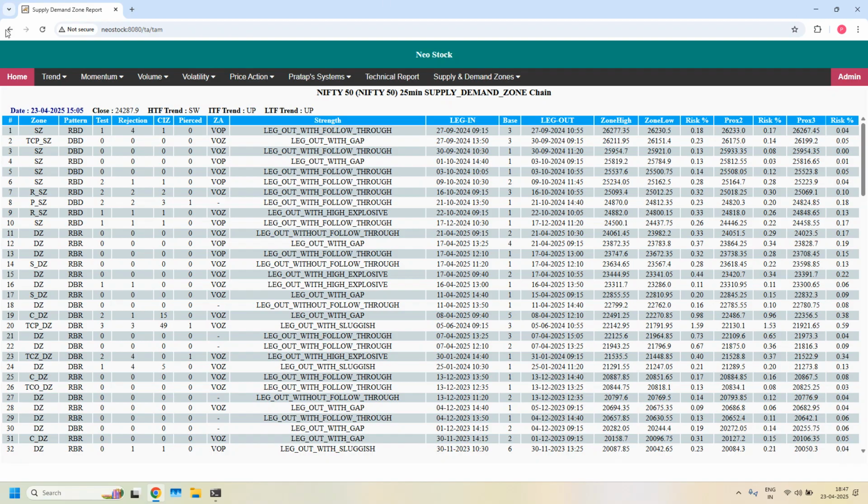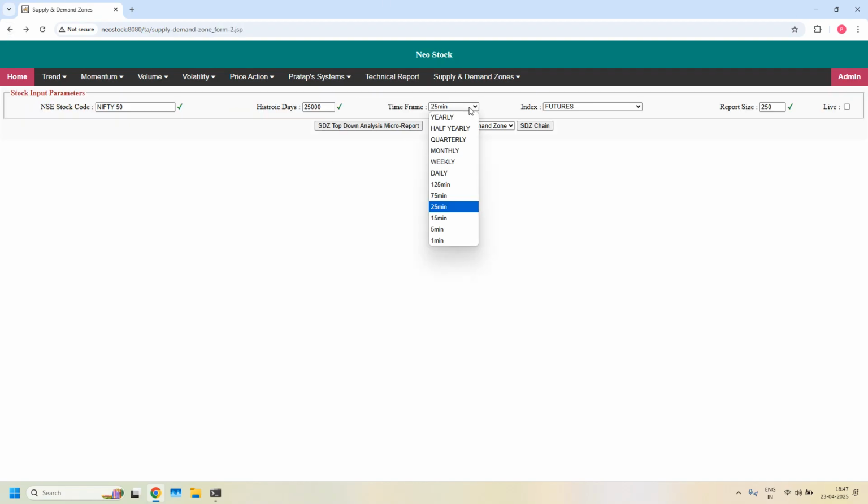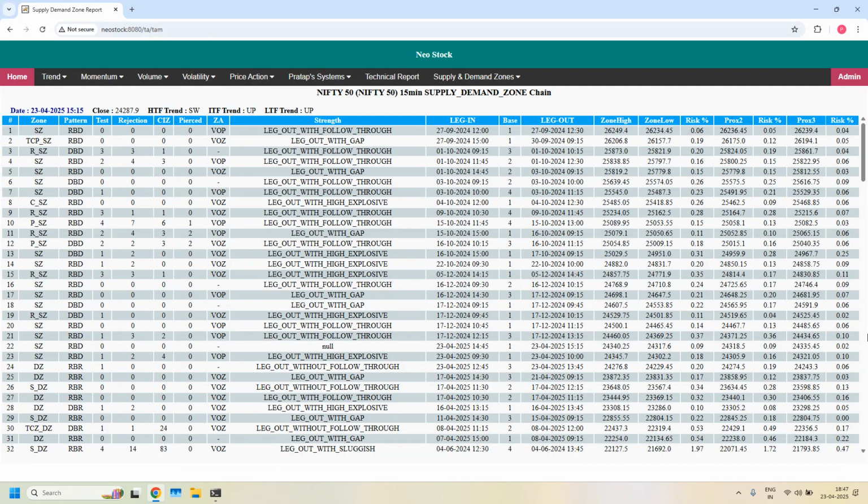Okay. Next, generating 15 minutes supply demand zone chain for Nifty. And the nearest demand zone to the current closing price is at serial number 24, and the nearest supply zone to the current closing price is at serial number 23.